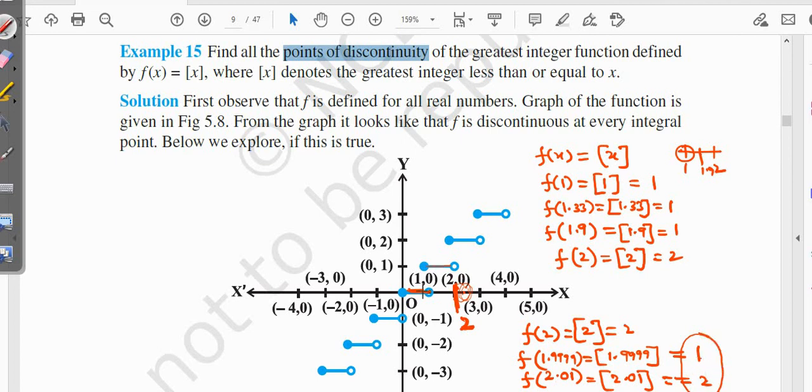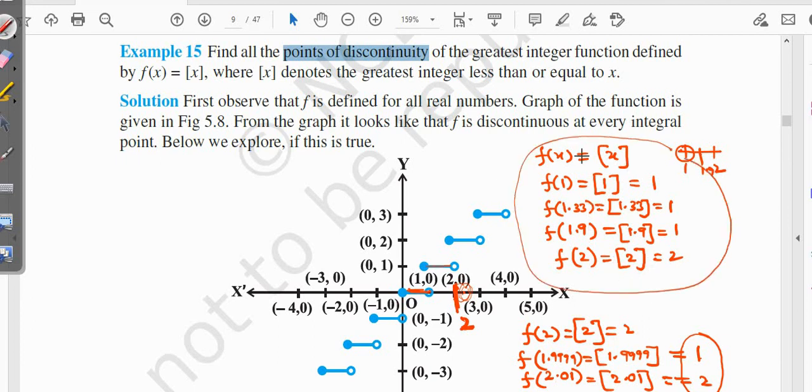So the function is not continuous. The f of 2 value, the close values of 2 on the left hand side and the close values of 2 on the right hand side have to coincide. Only then will we say the function is continuous. Otherwise the function is discontinuous. So this is the basics, a small thing about the greatest integer function.